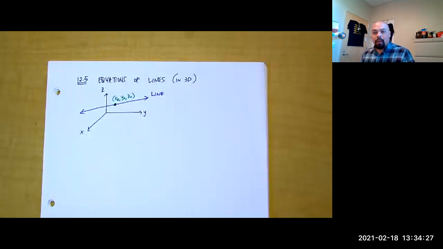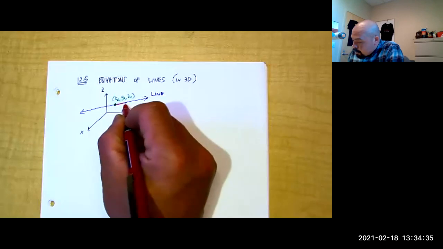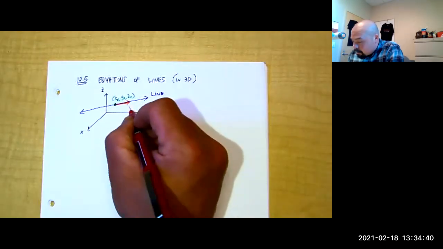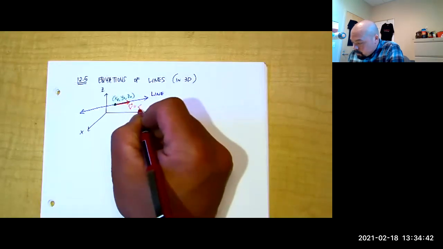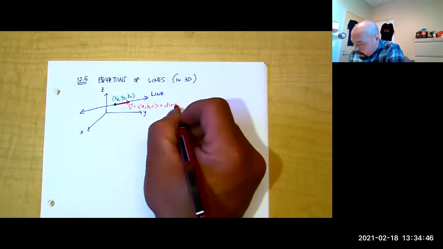We'll say when t equals 0, we're going to start to track that line. So we need a point, and we're going to need the direction, so kind of like our slope, we're going to need this direction vector we'll call v for that line.